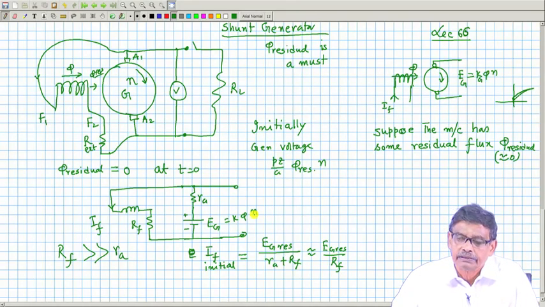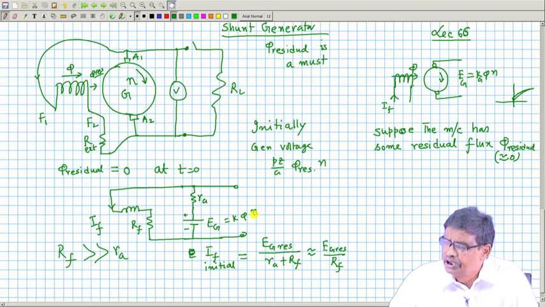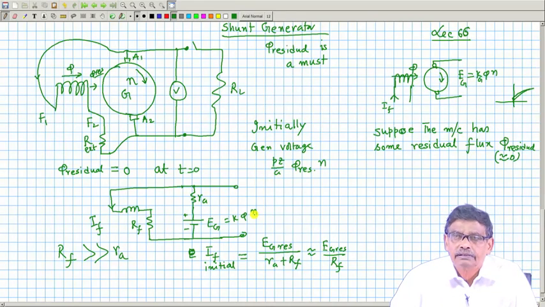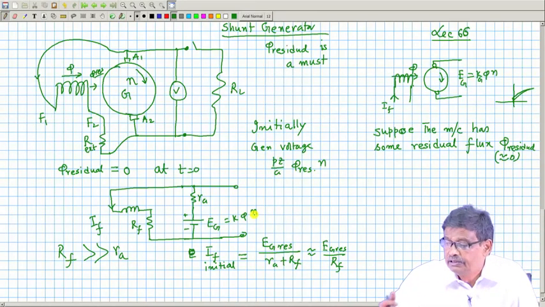Second point is, you connect the field winding in parallel with the armature, and depending upon direction of rotation, whatever it is, you must ensure that because of residual field, whatever little voltage will be produced, that will create additional flux in the poles of the machine, which will strengthen the earlier residual flux. Then only this growing up of voltage is possible.